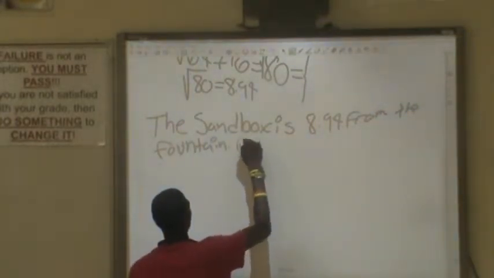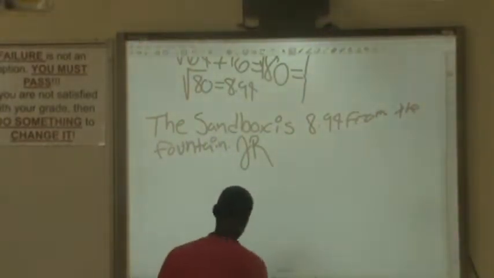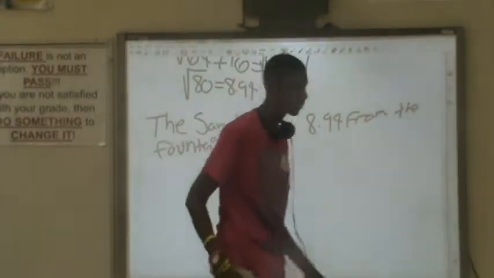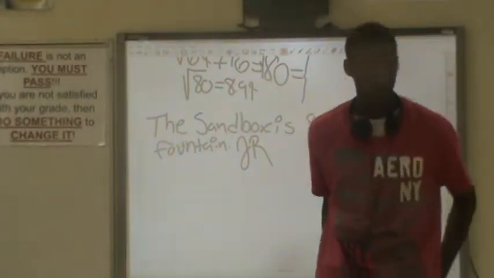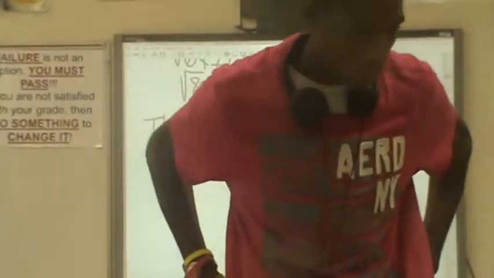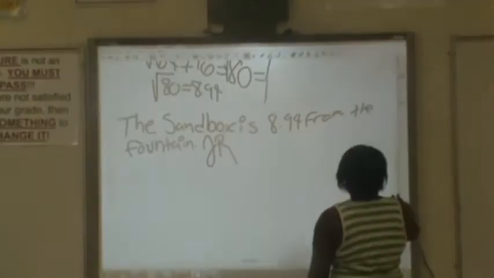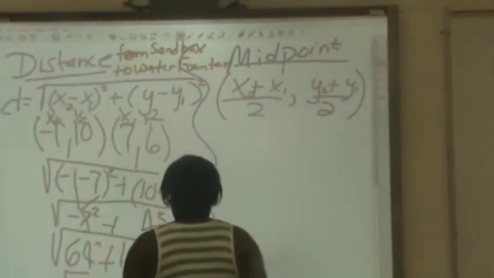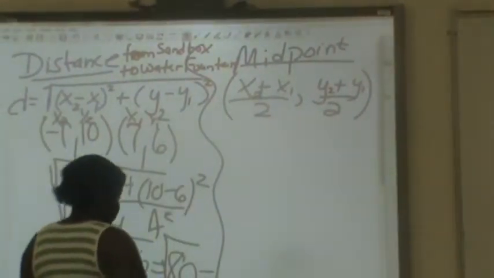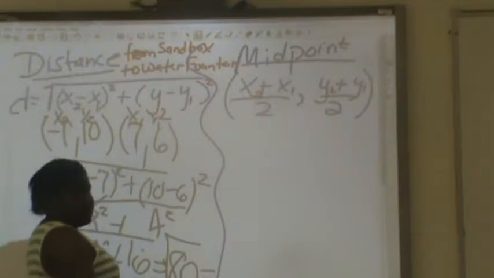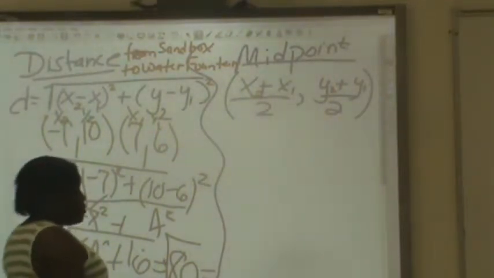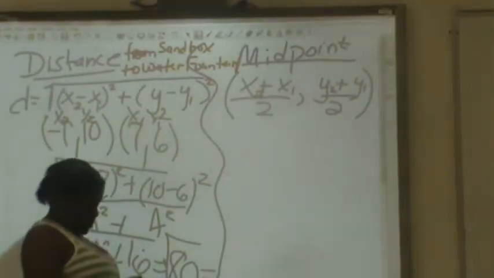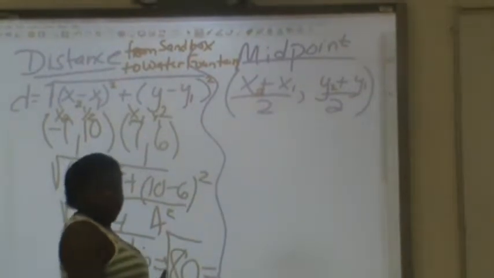Can I get someone else to volunteer to do the midpoint, where you just add the x's together and then divide by 2? Thank you, Jurian. So Charlene is going to do the midpoint. Now, before you do that, what is midpoint? What does that mean? Somebody please raise your hand and tell me what midpoint means.